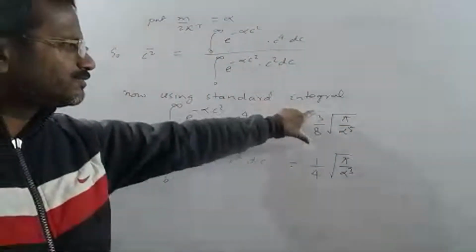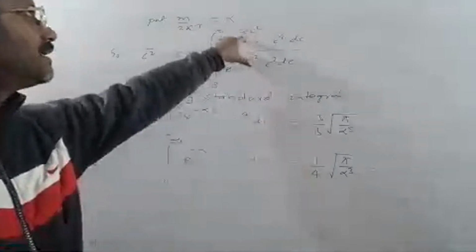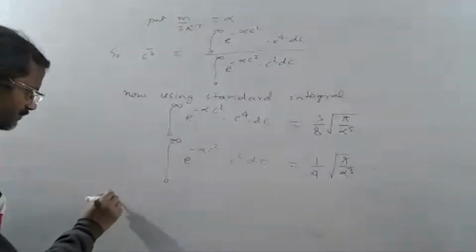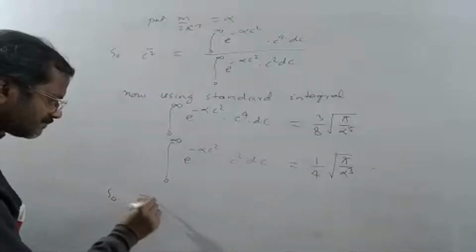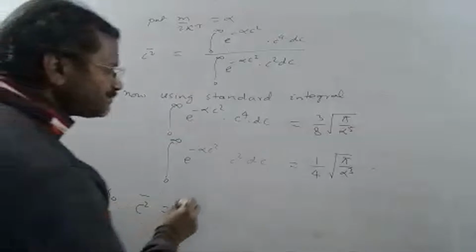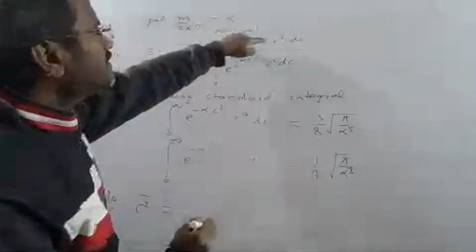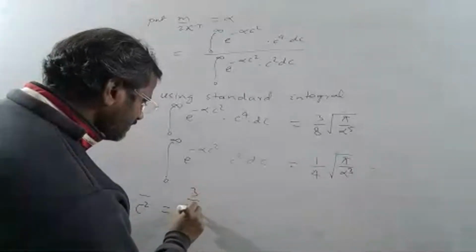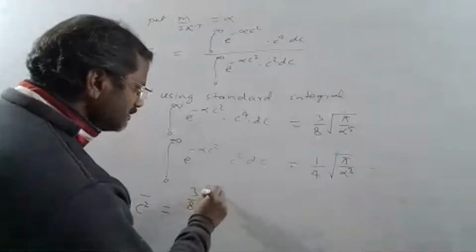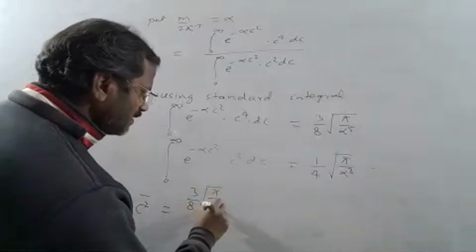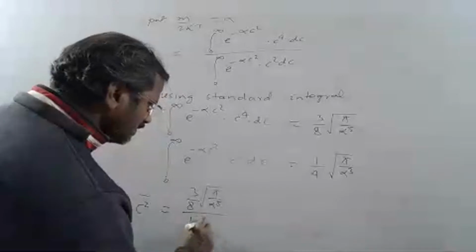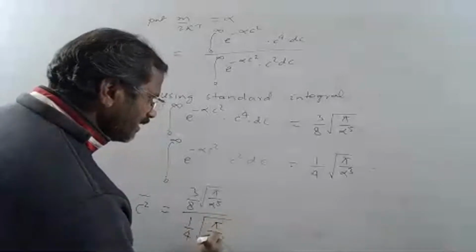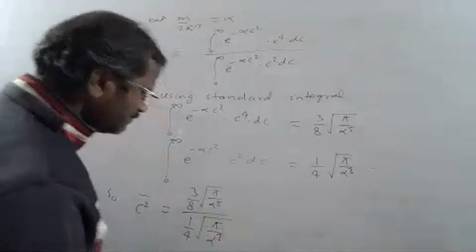Now we use these values here. So mean square velocity is, with the c to the power 4 term, 3 by 8 root under pi by alpha to the power 5 divided by 1 by 4 root under pi by alpha to the power cube.